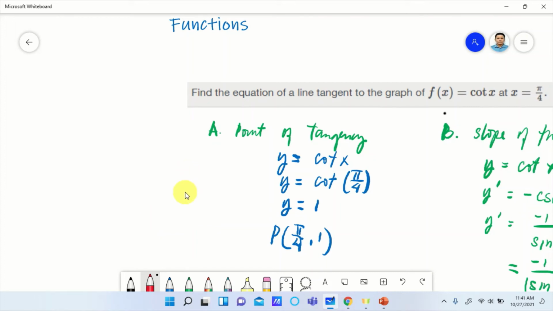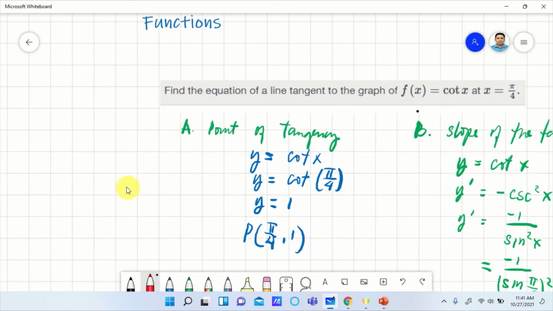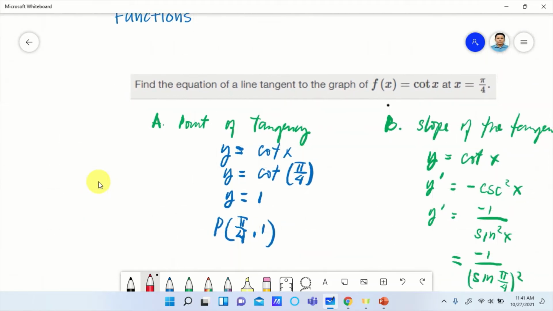Just simply substitute the value of x to the original function. The original function is y is equal to cotangent x. Your cotangent x is actually 1 over tangent x. If you cannot find that in your calculator, you can simply get the reciprocal of tangent x, that is equal to cotangent x. So if y is equal to cotangent x and your x is equal to pi all over 4, your cotangent of pi all over 4 is equal to 1.